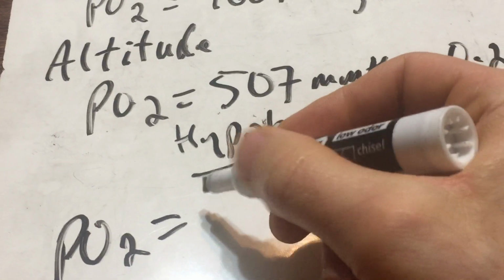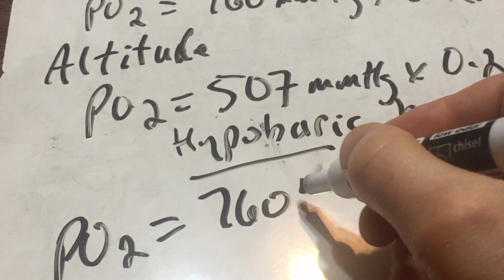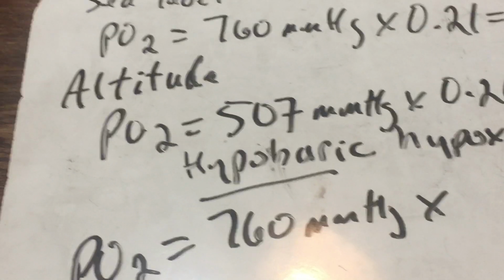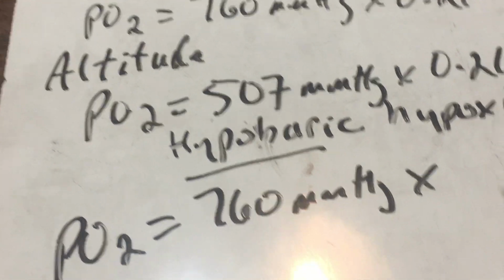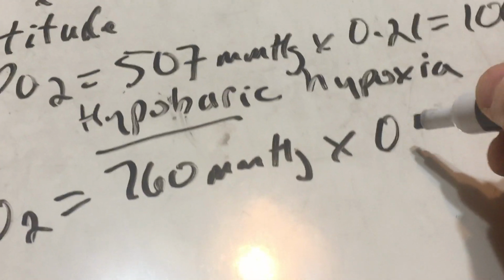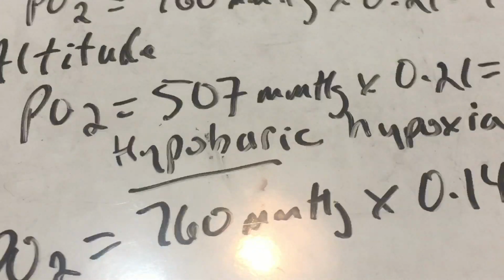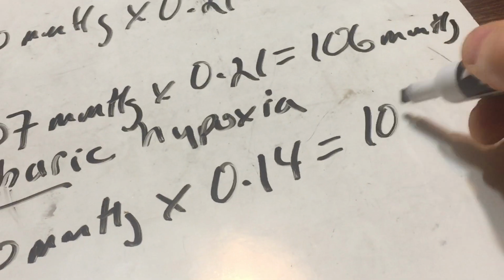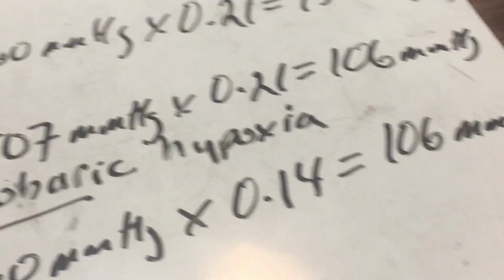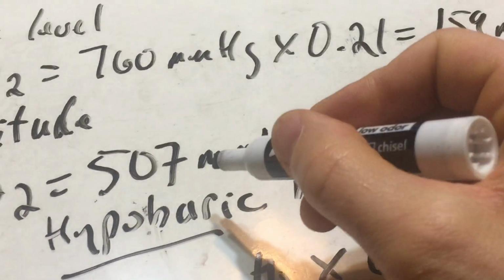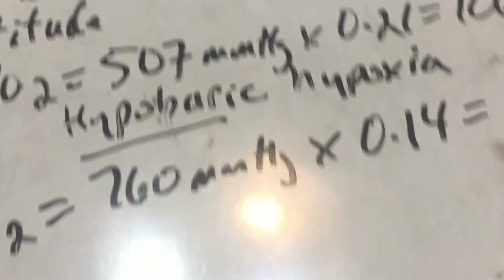Again, at sea level, your atmospheric pressure is around 760 millimeters of mercury. In this case, we're going to reduce the inspired oxygen to 14% from 21%. And that's going to give us a value of 106 millimeters of mercury that simulates what you'd get at altitude with the lower atmospheric pressure.